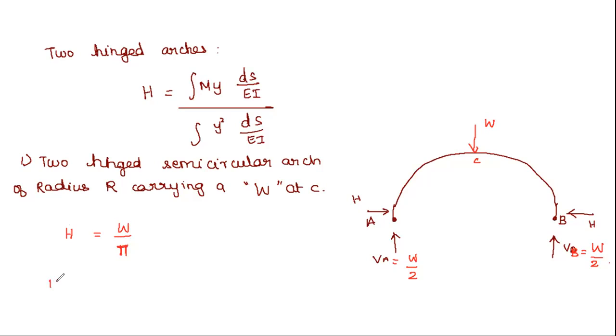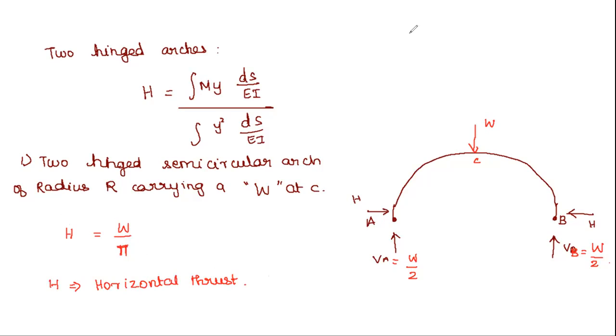So H indicates horizontal thrust. This is for a 2-hinged semicircular arch of radius R carrying a load W at point C.